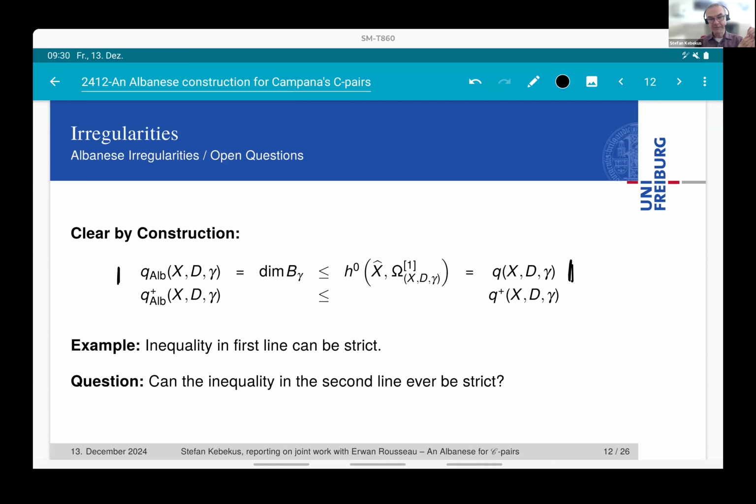But it could be that maybe we are looking at the wrong cover. So if we go to higher covers, then maybe the difference goes away. We don't know. So we have an example where the inequality in the first line is strict, but we don't know what happens when we go to the supremum over all covers.